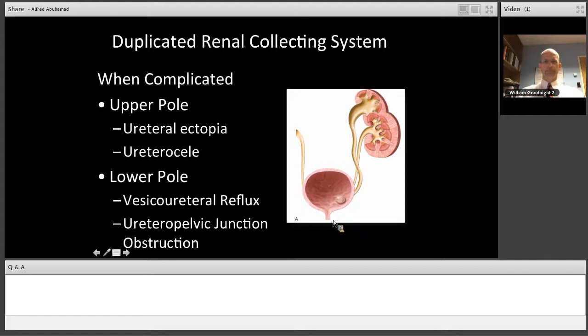Could be in the vaginal canal, could be in the uterus, could be in the urethra. So there's a lot of variations to that. But typically you see a ureterocele, which is related to the obstructive nature of that ectopic ureter. The lower pole, on the other hand, is commonly associated with vesicoureteral reflux, and then you see some renal pelvis dilation associated with that.